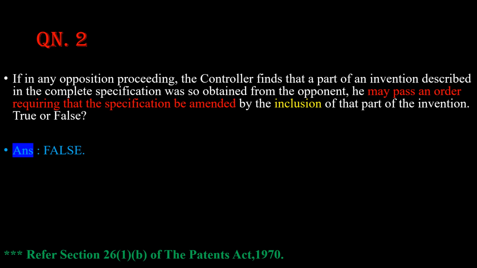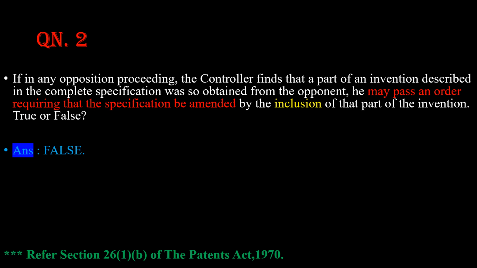Friends, the question is: if in any opposition proceeding the controller finds that a part of the invention described in the complete specification is obtained from the opponent, then the controller may pass an order requiring that the specification be amended by the inclusion of that part of the invention.